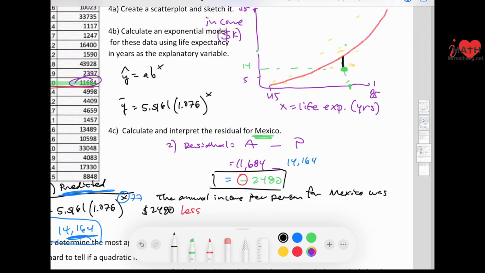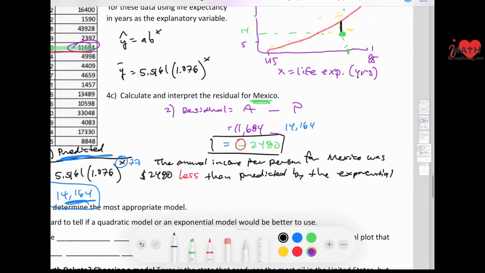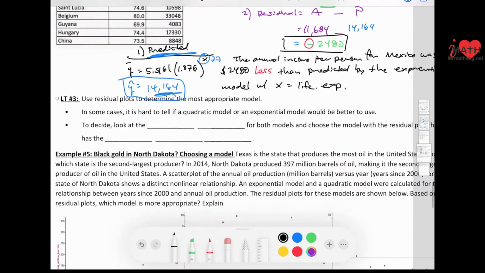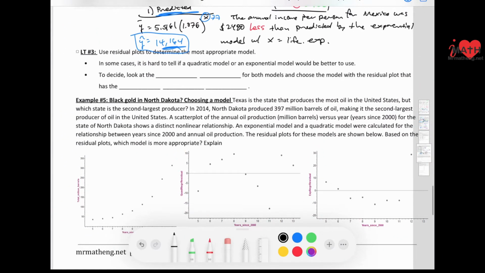Less than predicted by the exponential model with x equal to life expectancy. Okay? All right, let's go ahead now. That was learning target number 2, exponential.